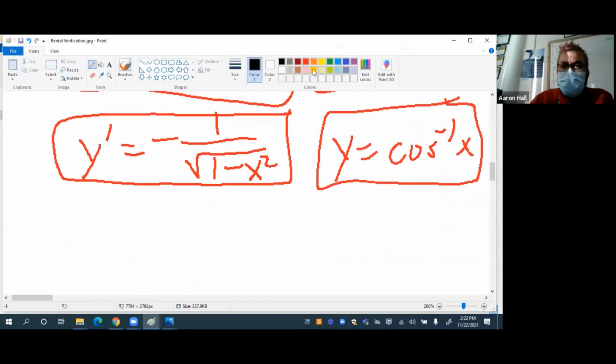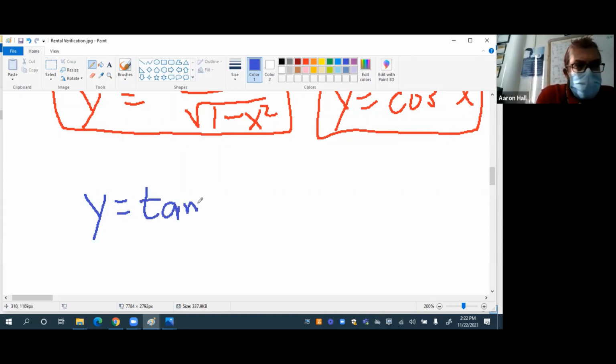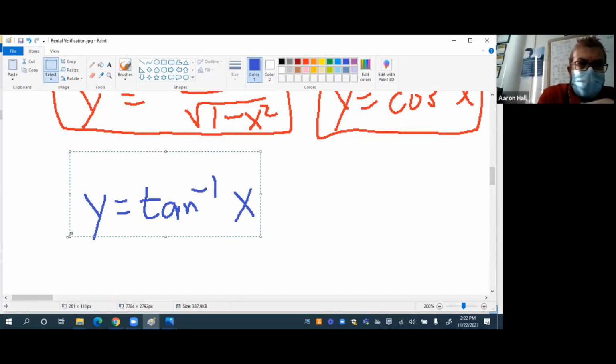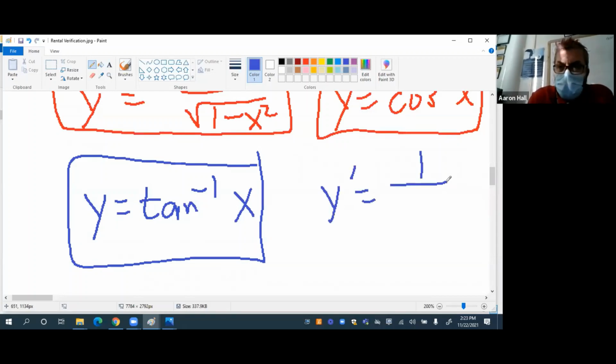So the next card, if I have y equals the inverse of tangent of x, then the other side of the card is going to be 1 over x squared plus 1.